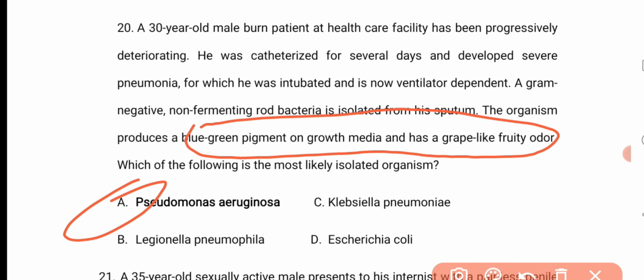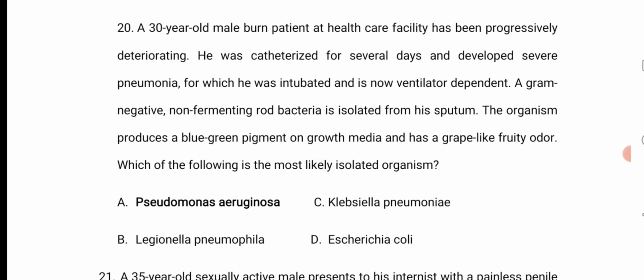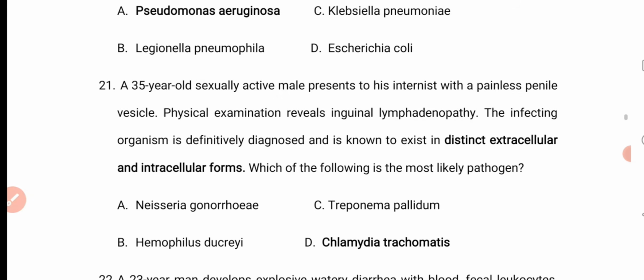Okay, so it has a fruity odor, that means it smells like fruit. It doesn't mean that you need to smell it, but the most common cause with these growth characteristics is Pseudomonas aeruginosa. So the answer is A, Pseudomonas aeruginosa.